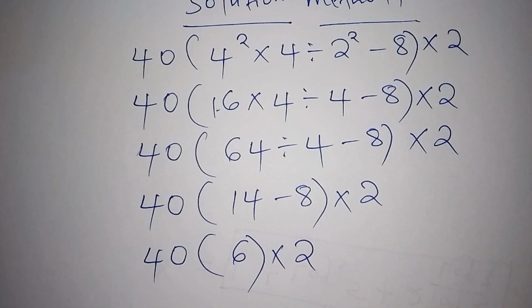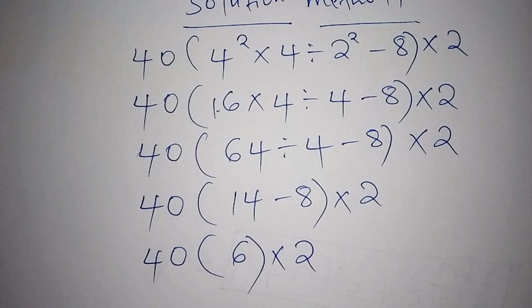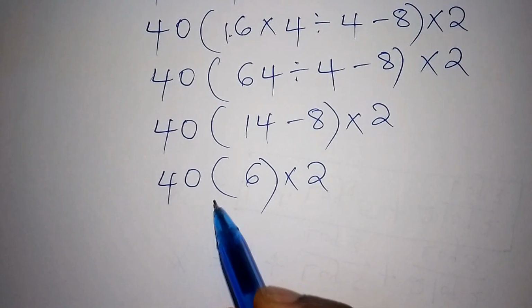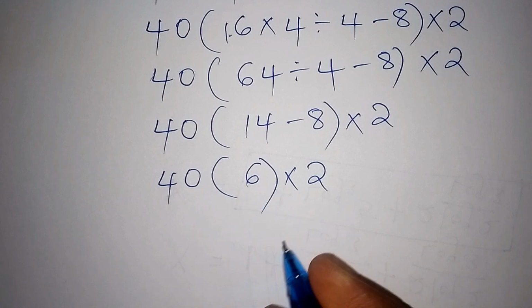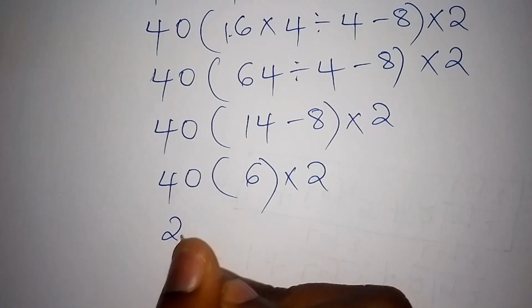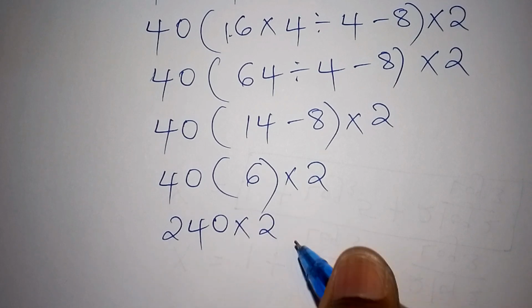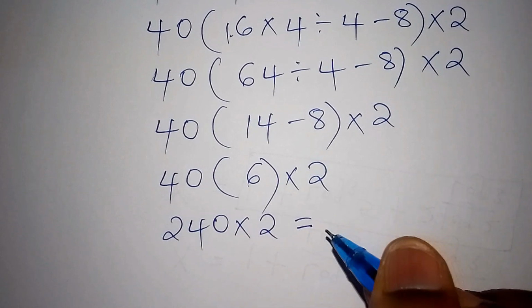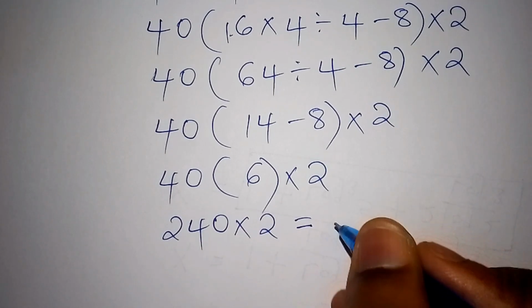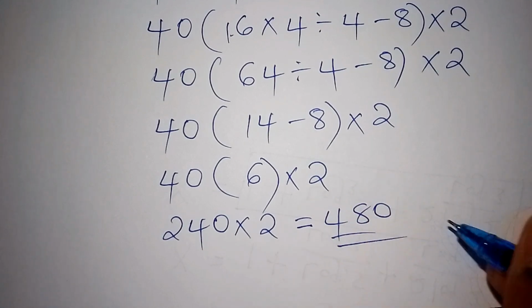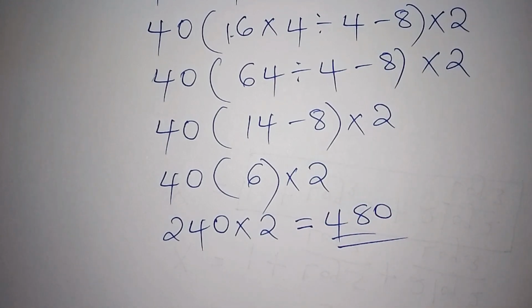Now we open the bracket, and we have 40 times 8, which gives 320, then 320 multiplied by 2. So our final answer in method 1 is 640.